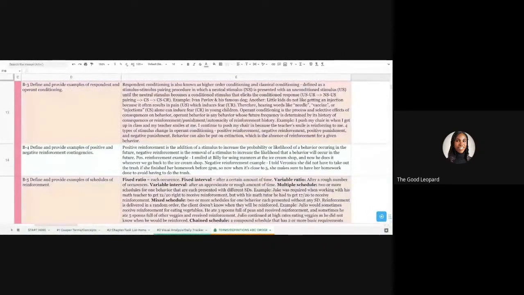The neutral stimulus then becomes a conditioned stimulus. Now, let me stop right here. This right here, neutral stimulus, where is it? Right here. Neutral stimulus is presented with an unconditioned stimulus until the neutral stimulus becomes a conditioned stimulus.